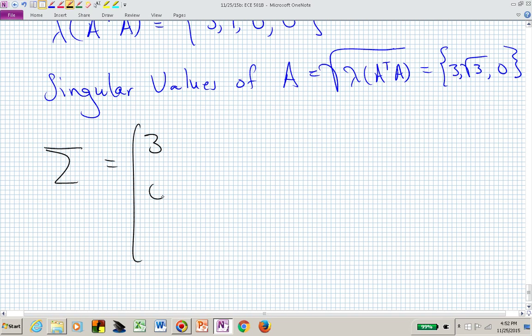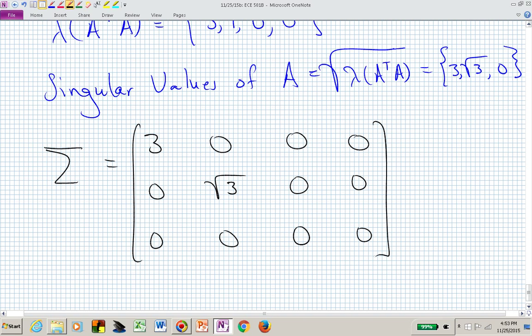We said that it had to be 3 rows tall, and that it was diagonal, so we just go down the diagonal until we run out of space. The singular values were 3, square root of 3, and 0, but we said sigma needed to be 3 by 4. We need another column, and we'll make that by just augmenting a column of zeros.